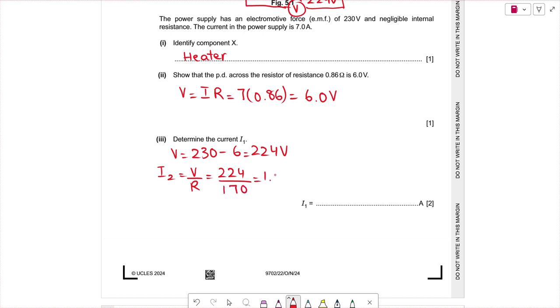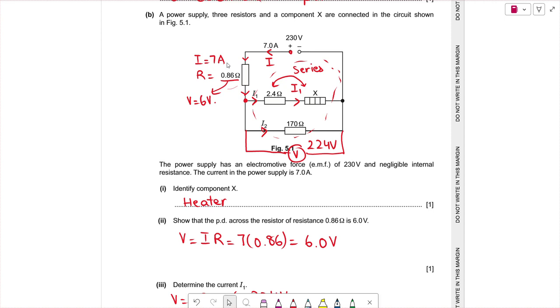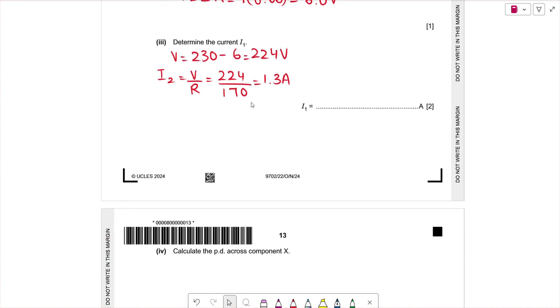So we get 1.3 ampere. Out of this 7 ampere current, 1.3 ampere is passing through the 170 ohm and the rest is passing through the other branch in the form of I1. So I1 is the total current minus I2: 7 minus 1.3, and we get 5.7 ampere.